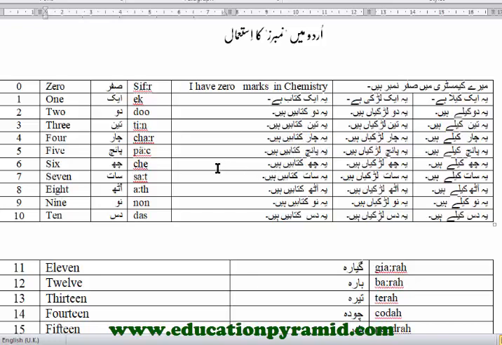So we can replace any time, but at least you must know, because if someone is using these Urdu numbers, then at least you can understand.